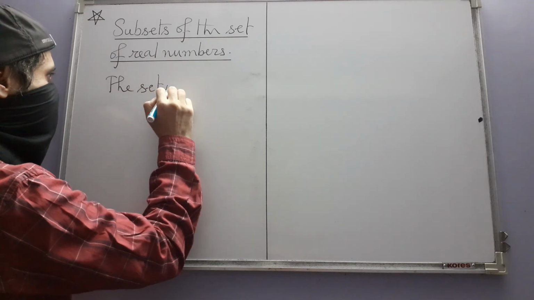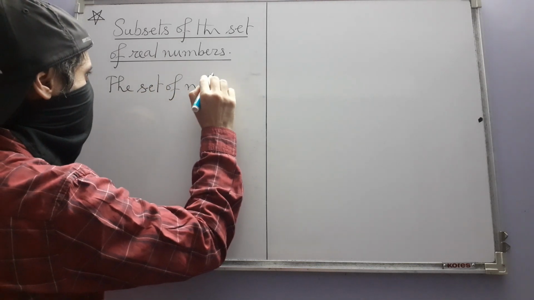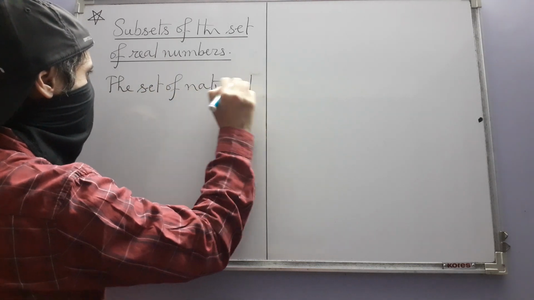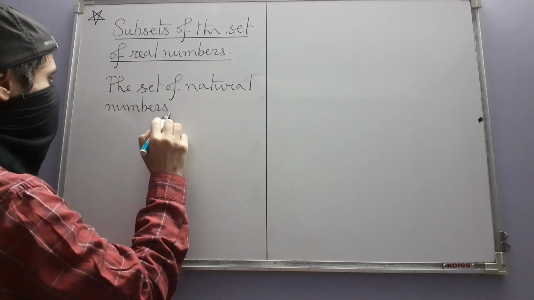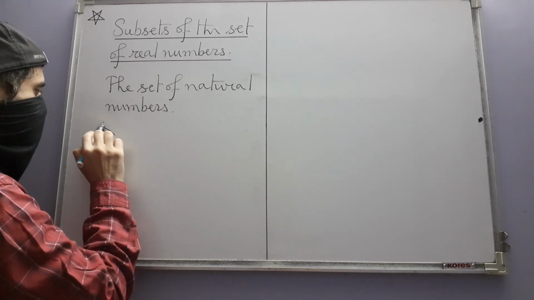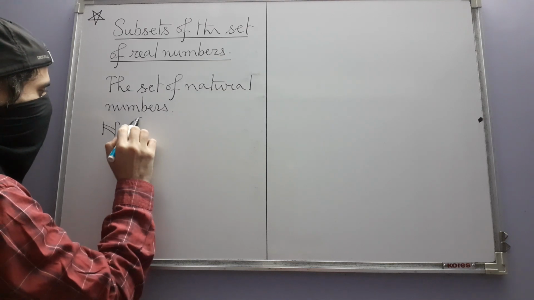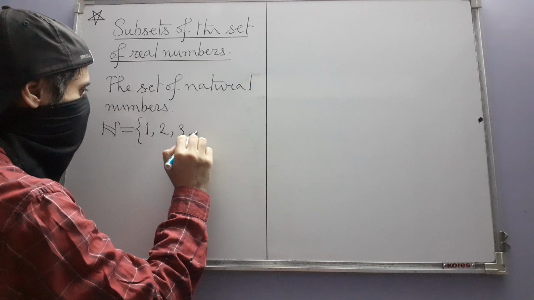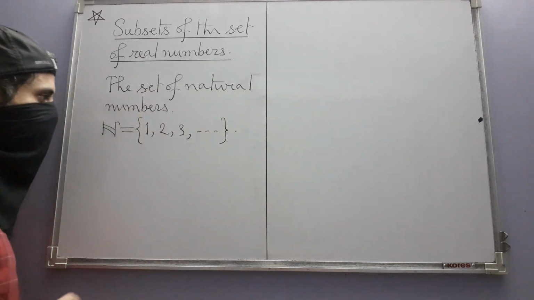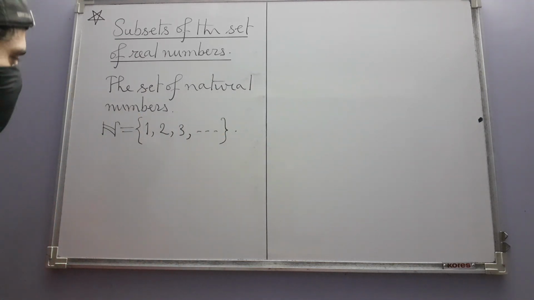The set of natural numbers, which we denote by N and which is specified in the roster form like this.